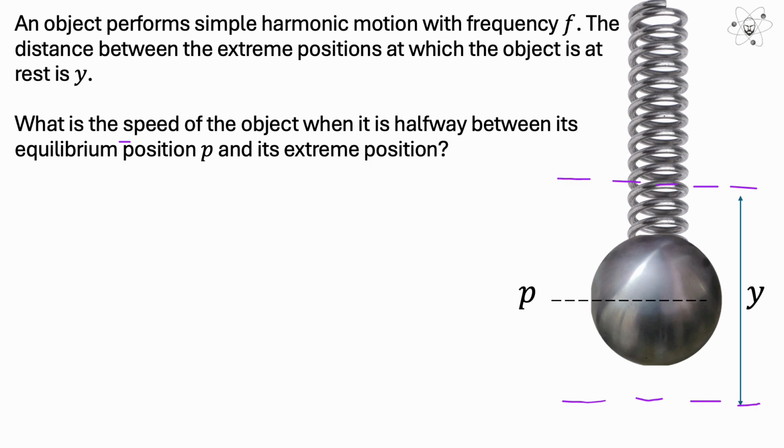The question is, what is the speed of the object when it's halfway between p, its equilibrium position, and its extreme position? You have four possible options, so I suggest you pause the video and see if you can figure it out for yourself and let your brain go through a little neuroplasticity. Otherwise, I'll crack on with the solution.